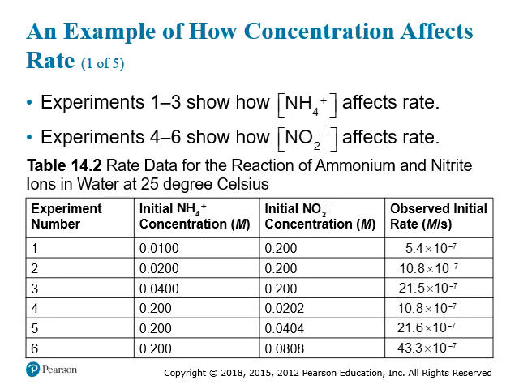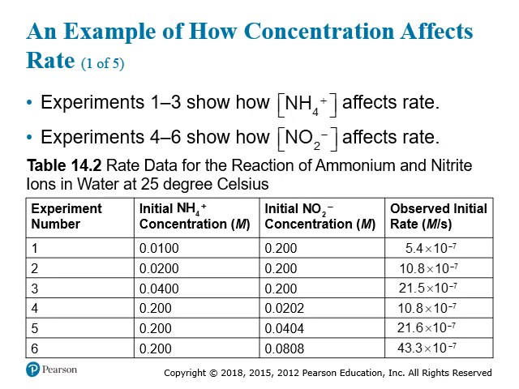In experiments 4, 5, and 6, we hold the concentration of the ammonium cation constant at 0.2 molar, and we change the concentration of our nitrite anion. It's important that we look at how the concentrations change and the effect that that has on the observed initial rate.